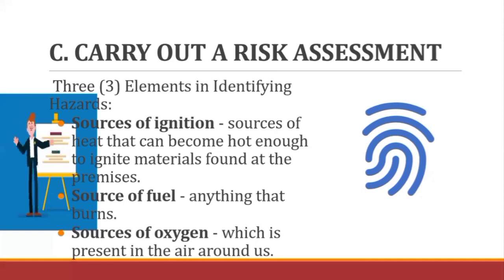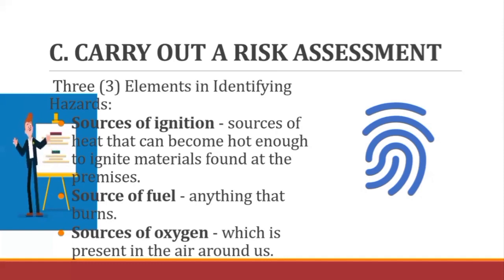There are three elements in identifying hazards. First, sources of ignition, sources of heat that can become hot enough to ignite materials found at the premises. And we have already discussed the sources of ignition, the sources of heat.